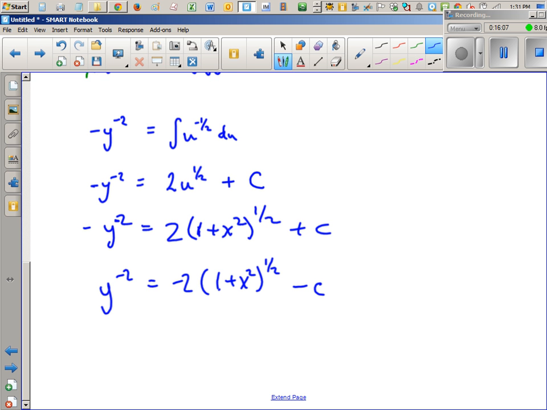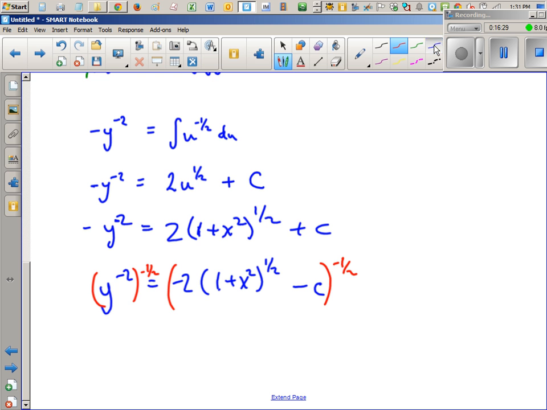Now, how do I get rid of the -2 power? Got to isolate y. We can use an opposite reciprocal power. So you could just use like a -1/2 power right there. This would make it y equals.